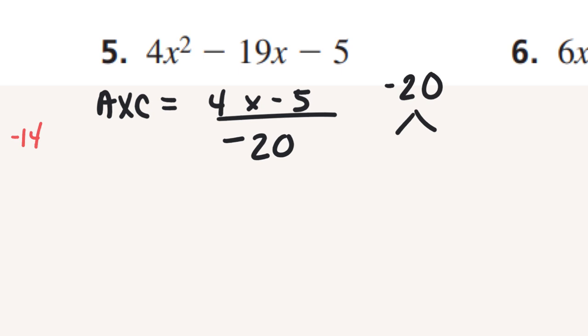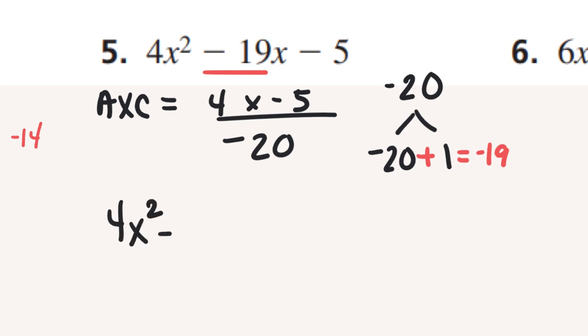Negative 20 factors to give me negative 19: negative 20 times positive 1. Because when these are added together, you get negative 19, which is your B. You write your equation, so I'm going to have 4x squared minus 20x plus x minus 5.